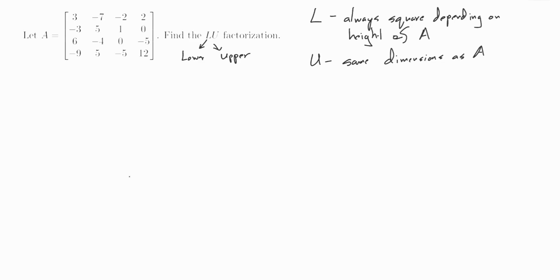Okay, that's going to automatically happen. U, we will undergo a process that effectively moves A into its row echelon form, not its row reduced echelon form, but its row echelon form, and that's what we're going to get from U.